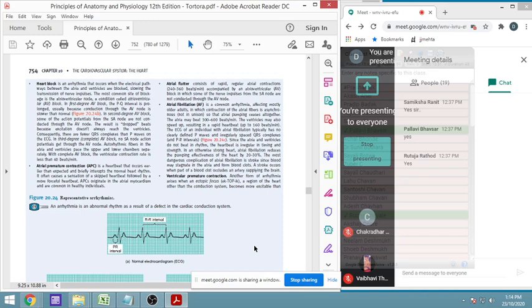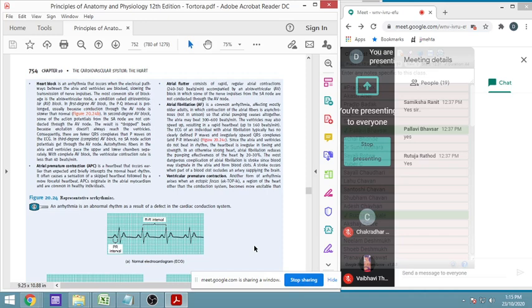In the second degree AV block, some action potentials from the SA node are not conducted through the AV node, and these are called dropped beats. The SA node firing is more, and some of the firing reaches the atria, and then the AV node is actually making it into 72 beats.